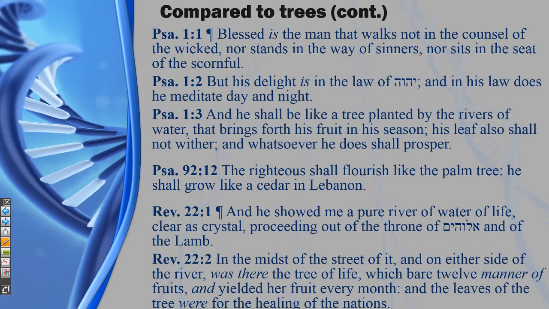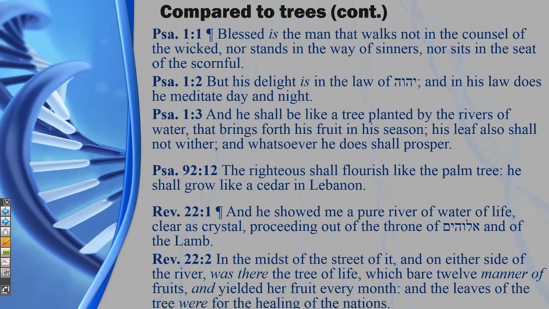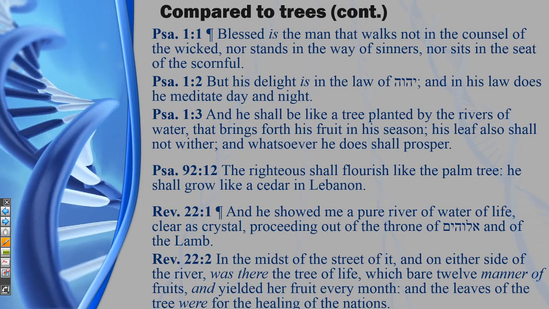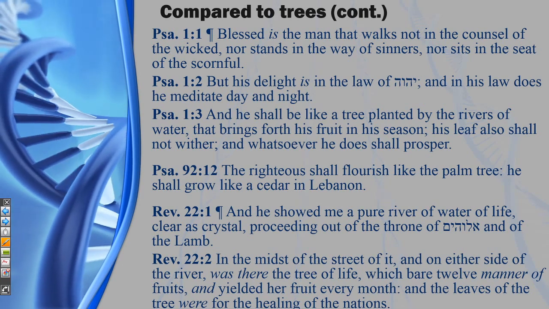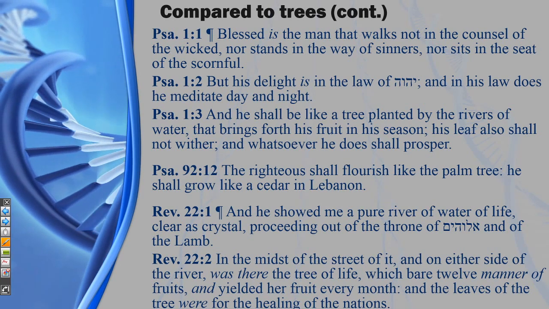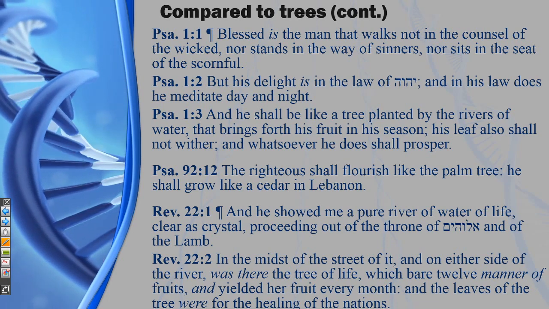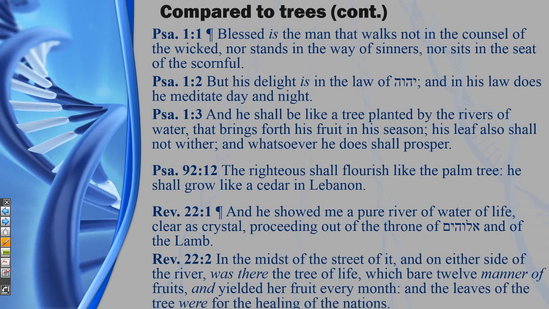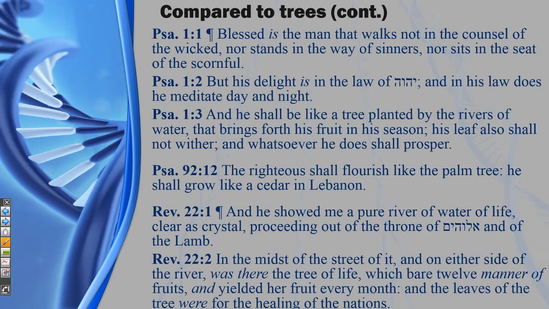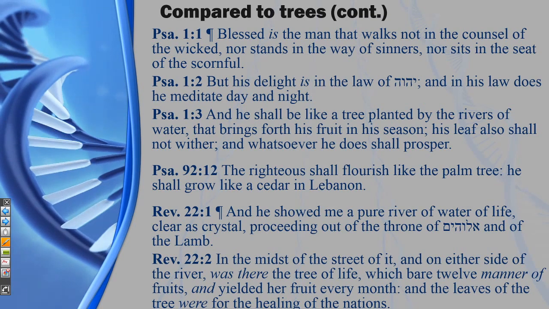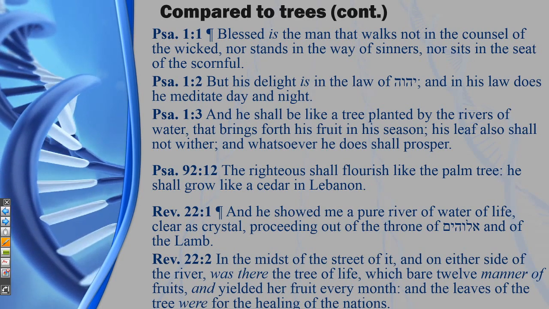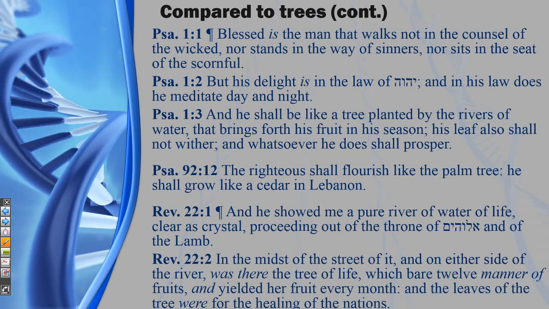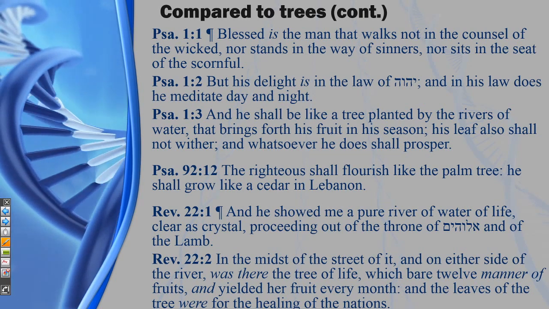Okay, go ahead. I'm reading, in the midst of the street, on either side of the river there was a tree of life, which bare 12 manner of fruits. The 12 apostles, the 12 months out of the year, and yielded her fruit every month. So every month there was a different fruit, and the leaves were for healing the nations.